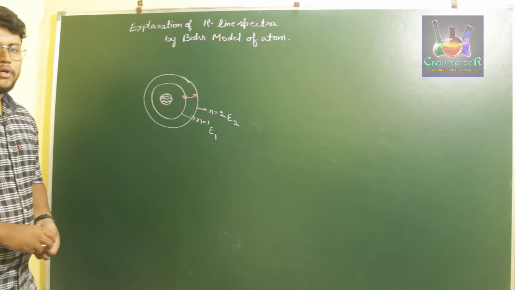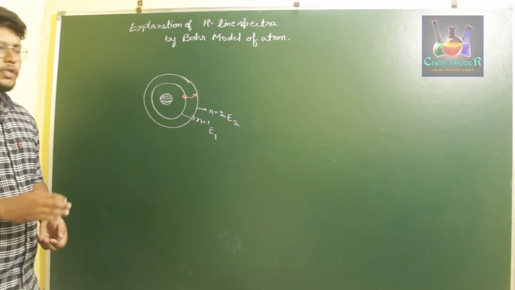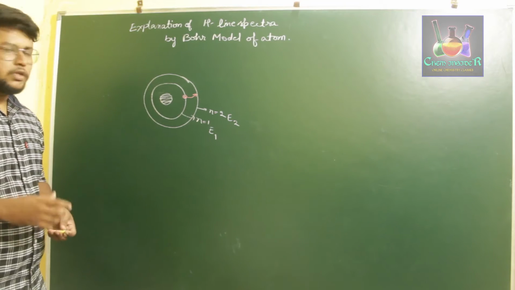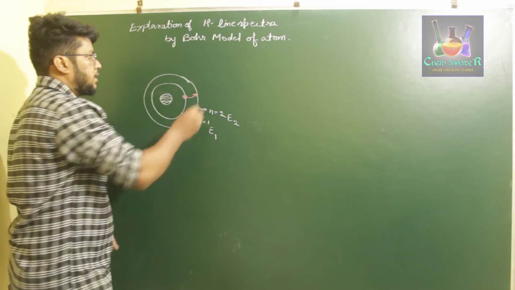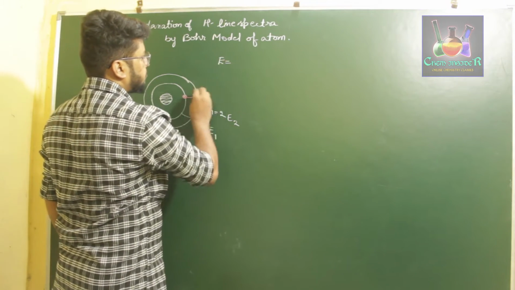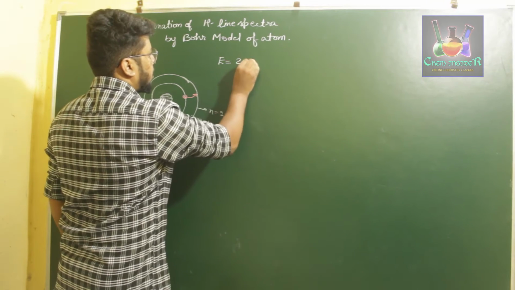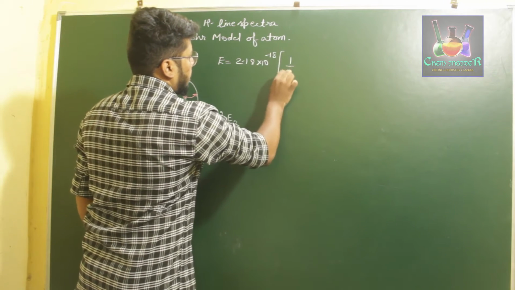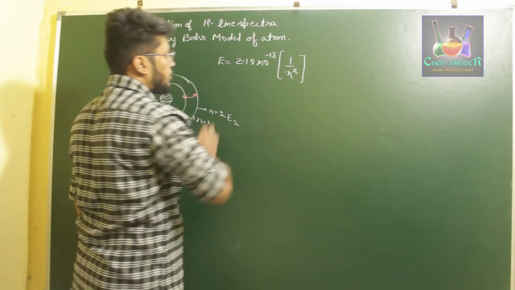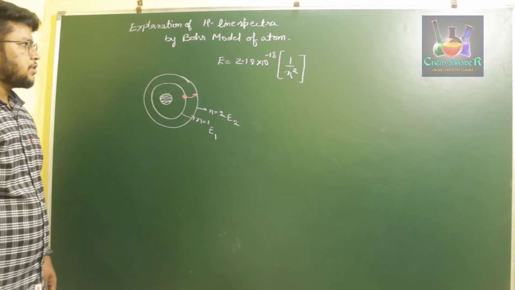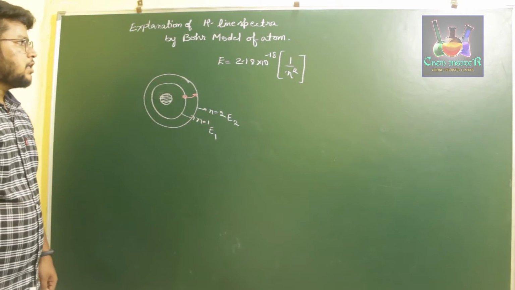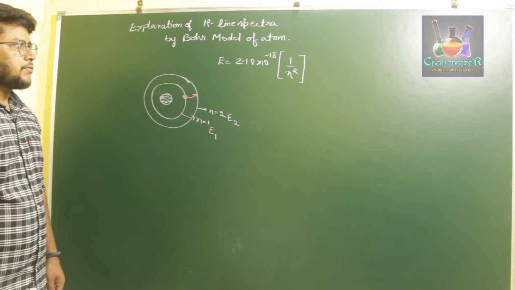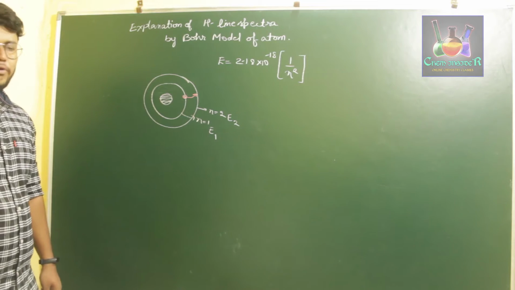In order to get excited to the second level, this electron has to have a certain amount of energy. Now, if you remember the equation for the energy of a hydrogen atom, it is given by E is equal to 2.18 into 10 power minus 18 into 1 by n square, which is what we observed in the applications of Bohr's concepts.